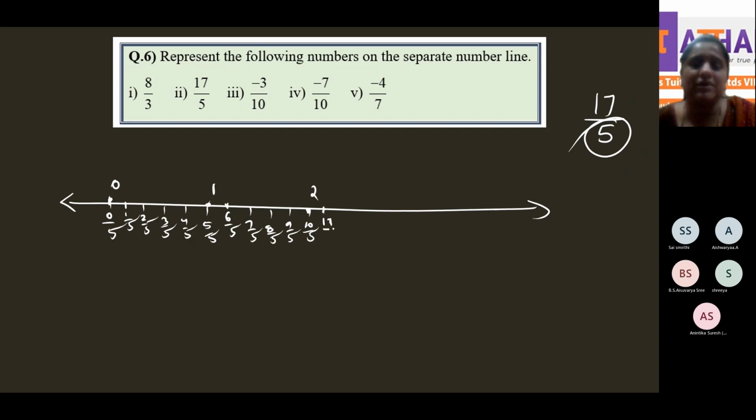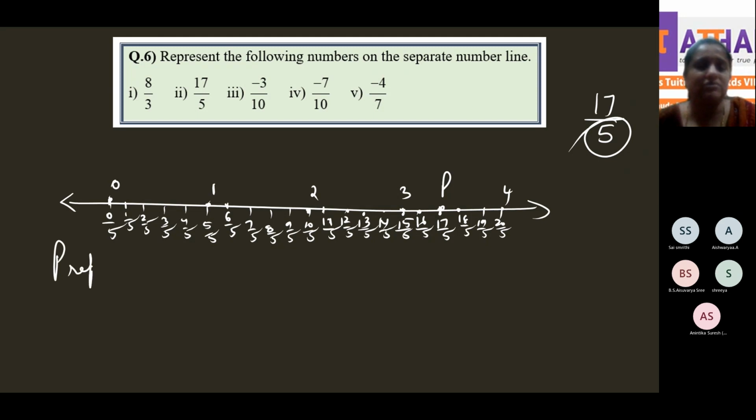Continue. 11 by 5, 12 by 5, 13 by 5, 14 by 5, 15 by 5, which is 3. 16 by 5, 17 by 5. This is what we had to mark. You can mark this point P. 18 by 5, 19 by 5, 20 by 5, which is 4. So P represents 17 by 5 on the number line.